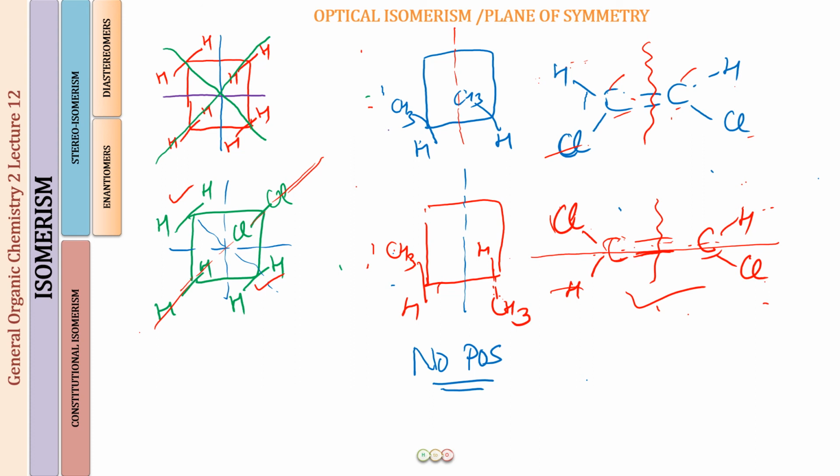So whenever you have a planar molecule, at least you can do that. You can put one plane which is going to be the xz plane. You are going to cut through that molecule into two mirror image halves, and that molecule is going to be an achiral molecule, right? So now I hope you have a fair understanding of what a plane of symmetry is and how we identify that in the molecule.